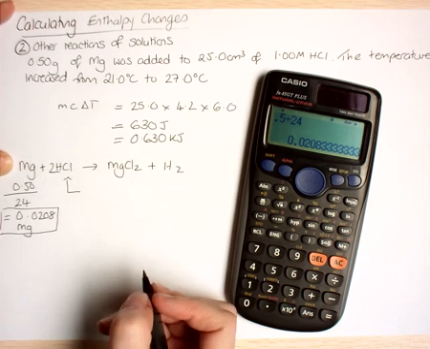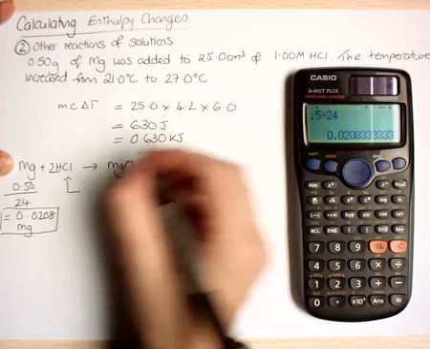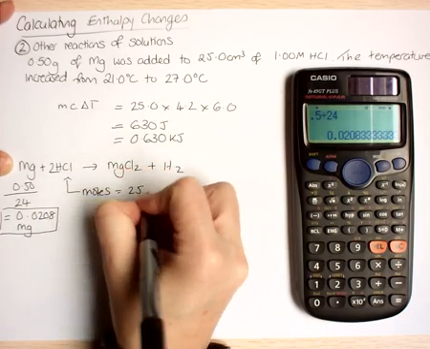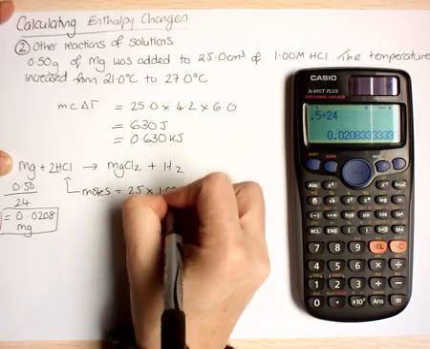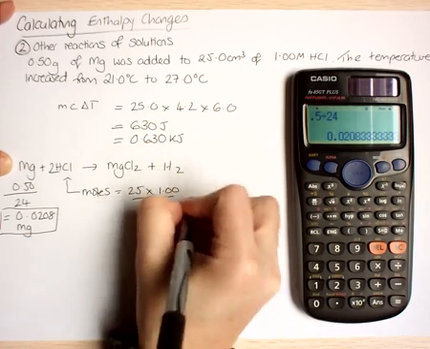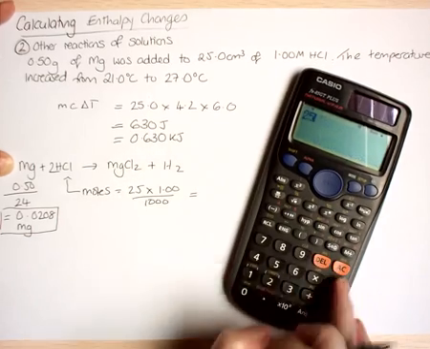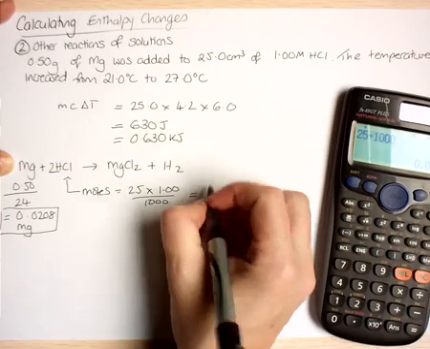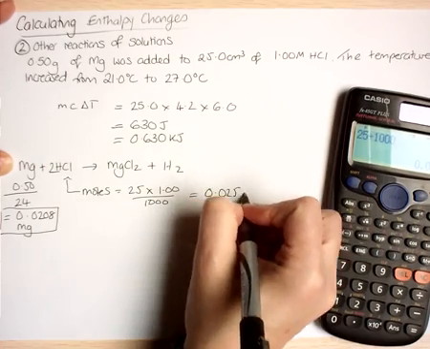For my hydrochloric acid, the number of moles is equal to the volume times by the concentration divided by 1,000. 0.025 moles.